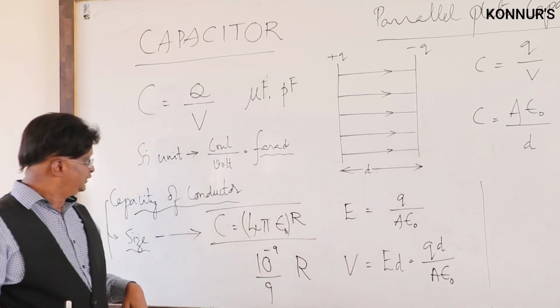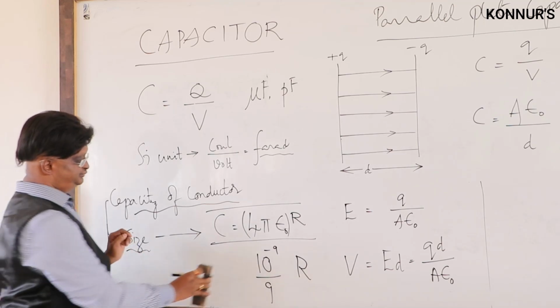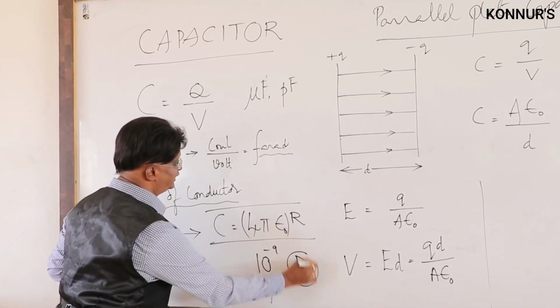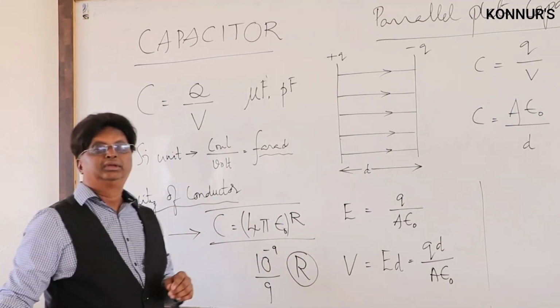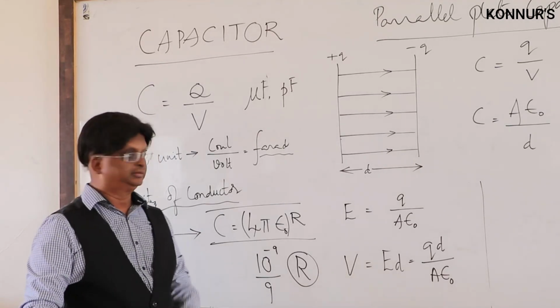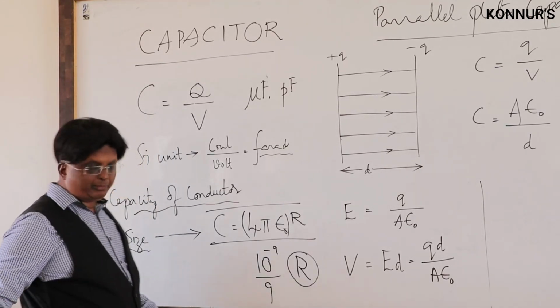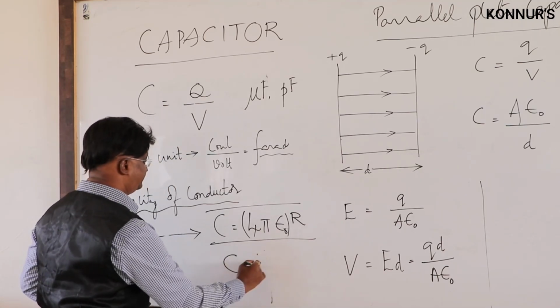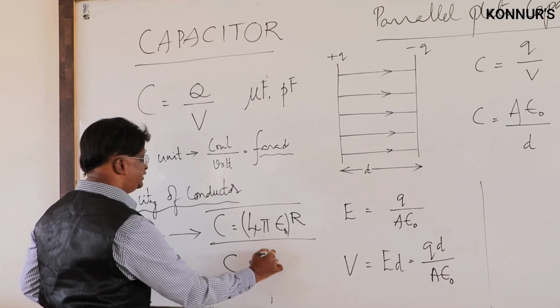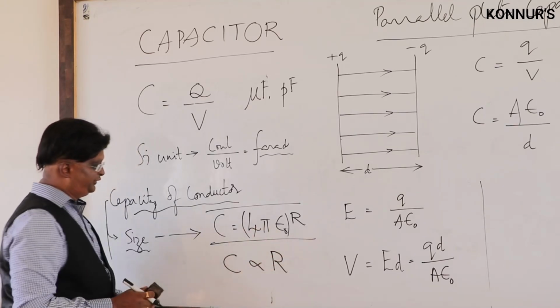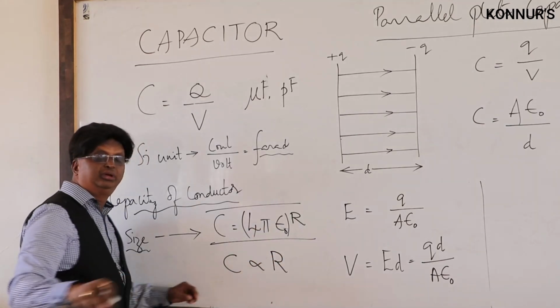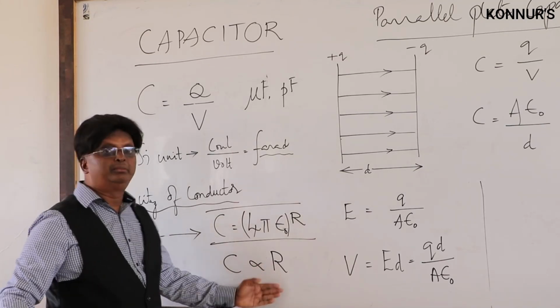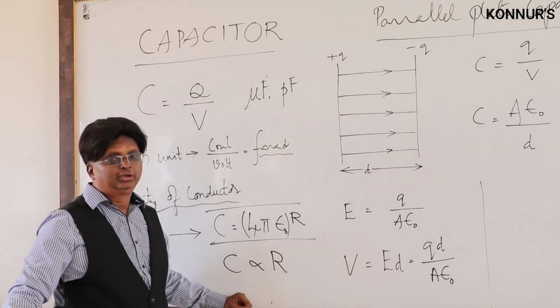Now you can calculate the capacity of a spherical conductor for a given radius. One more important result: the capacity C of a spherical conductor is proportional to R. C1 by C2 is equal to R1 by R2.